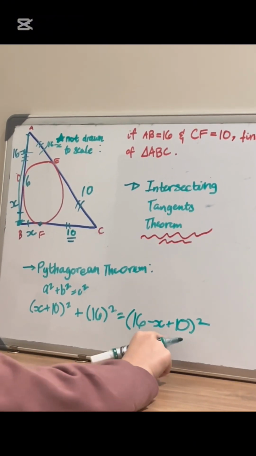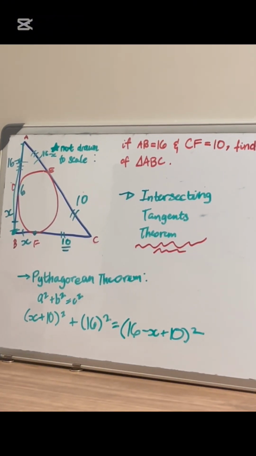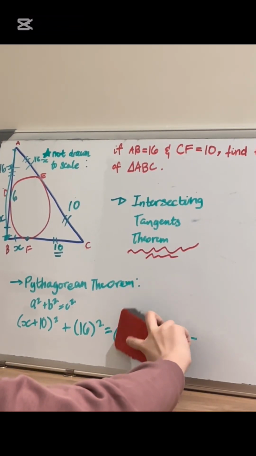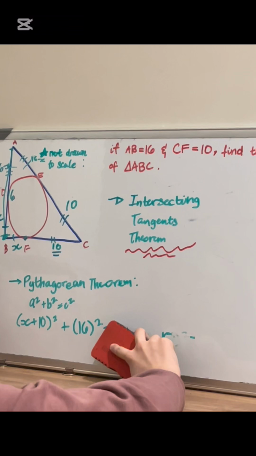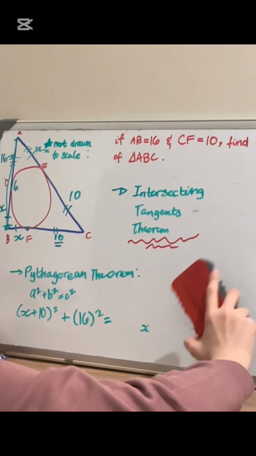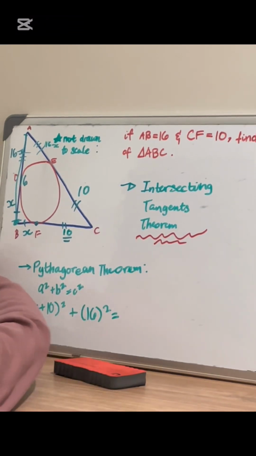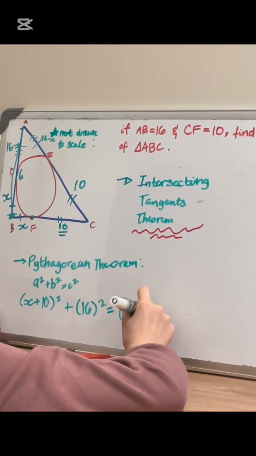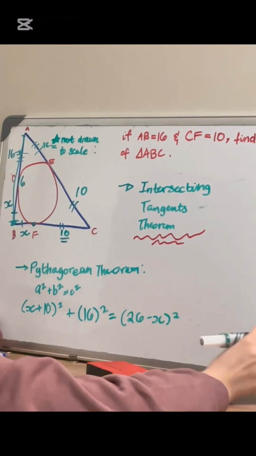If we add 16 and 10, that's 26. And since there are no other common terms for x, c squared will just be equal to 26 minus x squared.